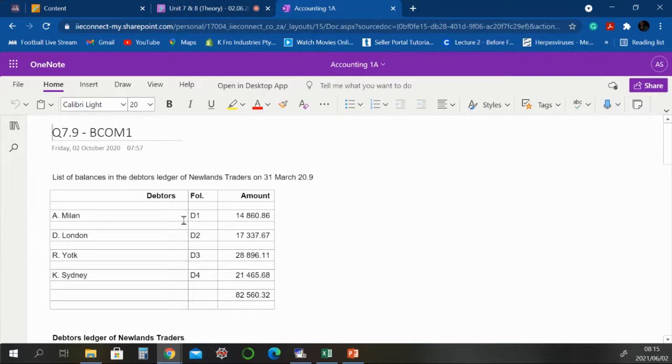Okay? So I think I should switch off the light. I think that will make all that clear. That's better. Let's zoom in. All right.